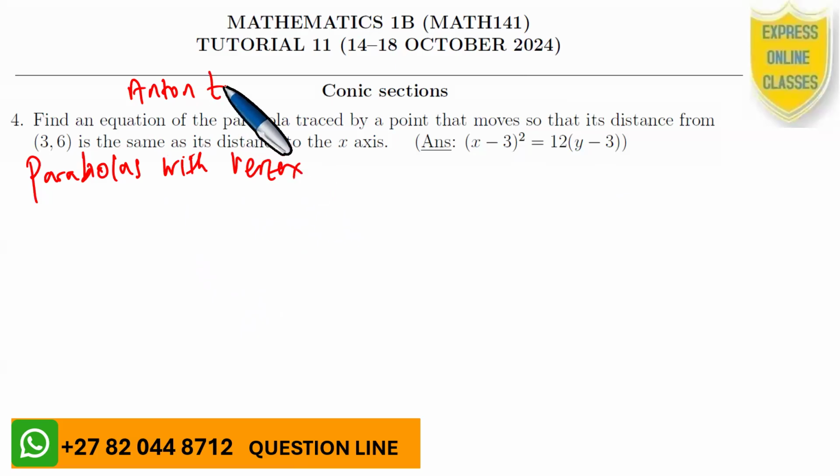By Anton, I mean the textbook. You can be like, okay, but who is Anton? It's the textbook prescribed for you guys. I sent you the copy last time.